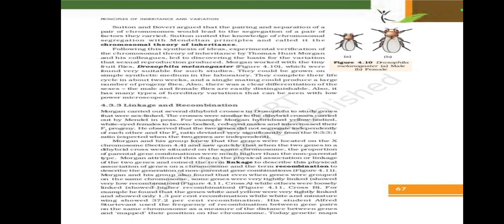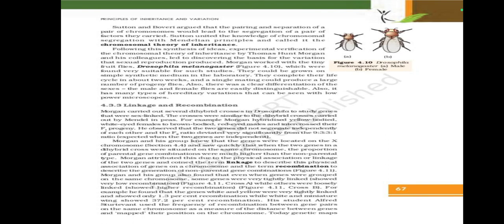Linkage and recombination. Morgan carried out several hybrid crosses in Drosophila to study genes that were sex linked. The crosses were similar to the dihybrid crosses carried out by Mendel in peas.